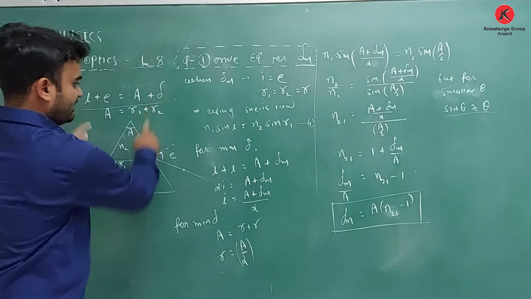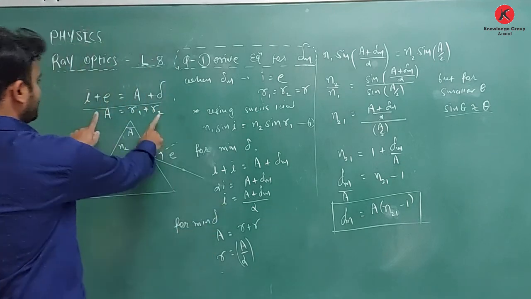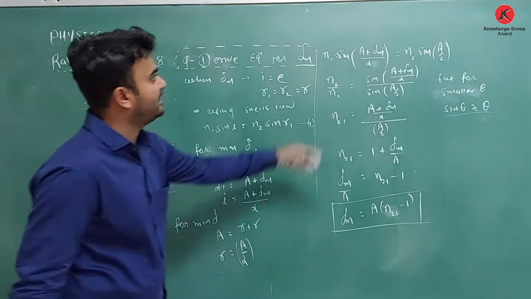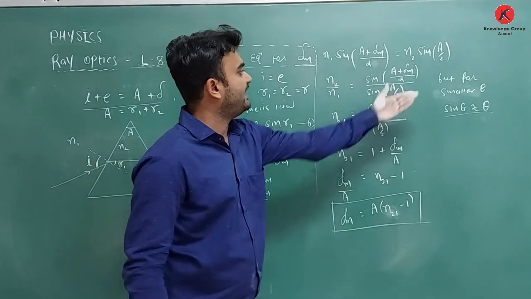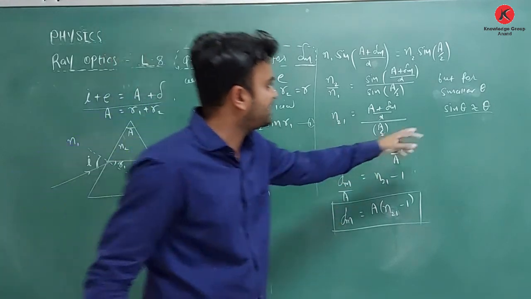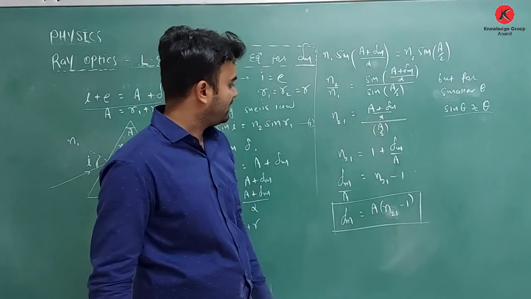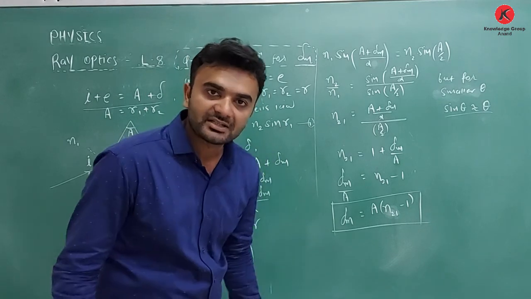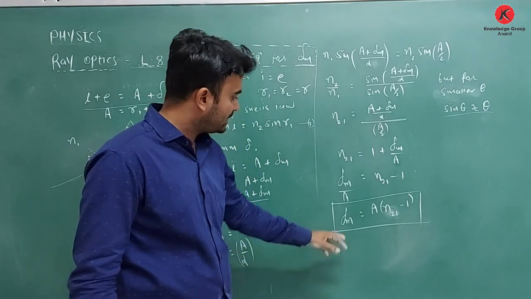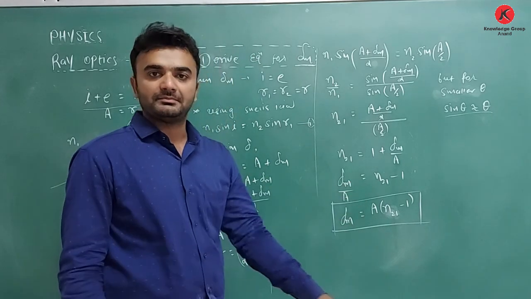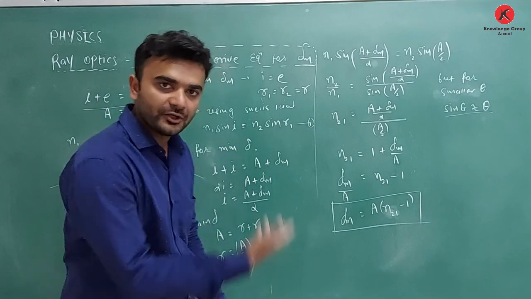From this equation I found I, from this equation I found R. Put these values in Snell's law. Theta is very small, so sin theta is nearly theta. Make delta minimum the subject of the equation. So delta minimum is equal to A into (n21 minus 1). Clear?